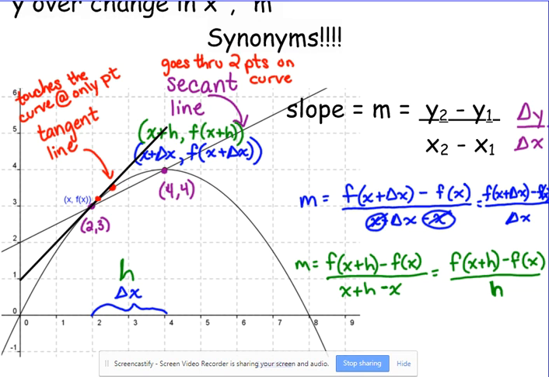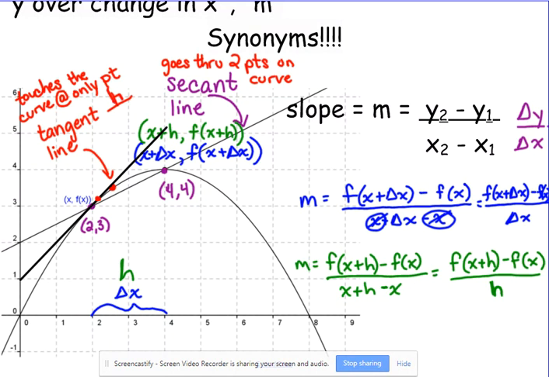Technically it can touch elsewhere, but it's only supposed to touch where we're talking about, at one place. We don't use another point on the curve to create it. And the idea is that the tangent line is supposed to be perpendicular to the curve.